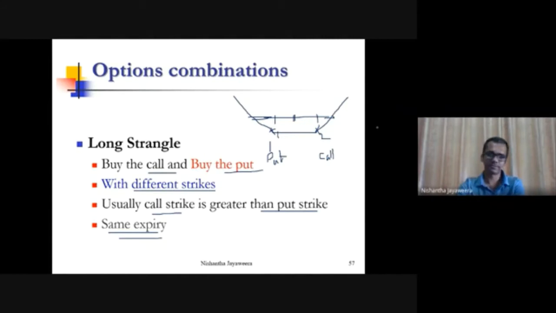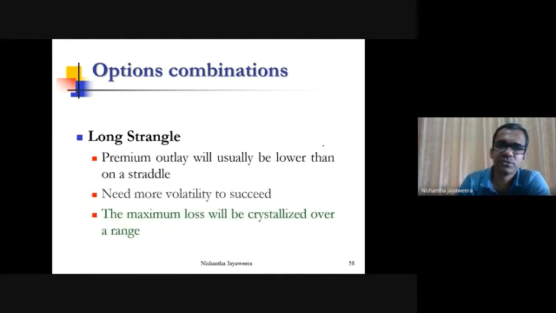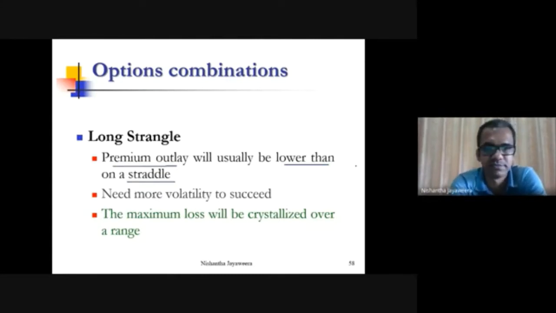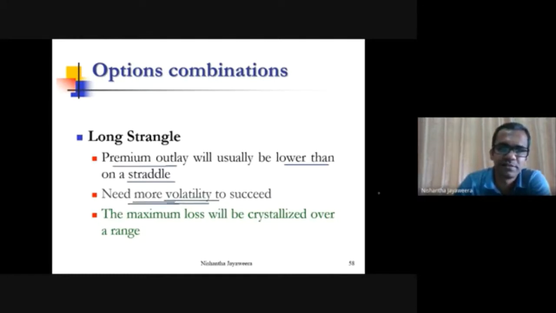Only then do you make a profit, otherwise you make a loss. Even in this case it's a premium outlay, but a lower figure than for the straddle we discussed earlier. But for it to be a success, volatility needs to be very high.